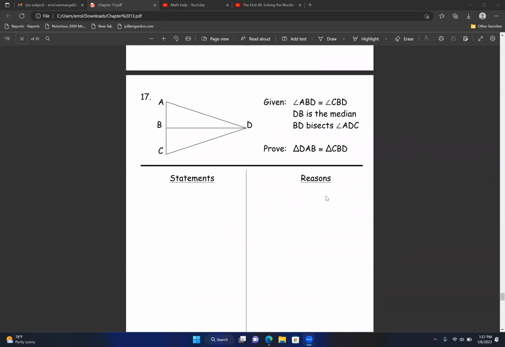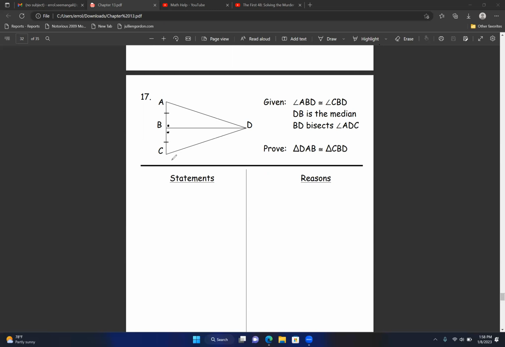17. Which one of the four is 17? ABD. Okay, so let me just write it in. ABD is this angle right here. ABD is congruent to CBD, which is this one right here. DB is the median. That means that and that are the same. And it says BD bisects angle ADC.